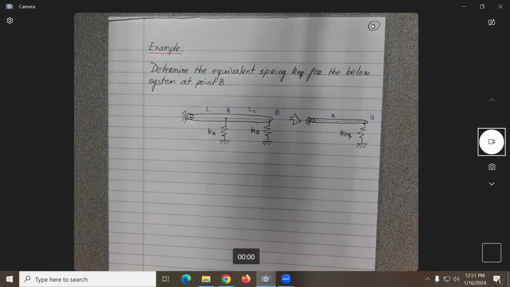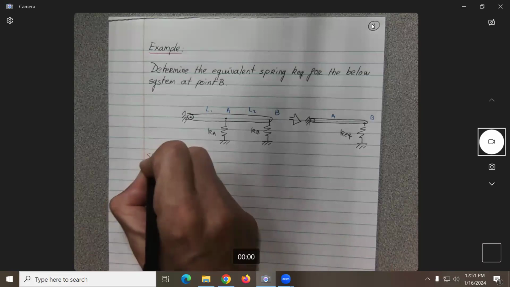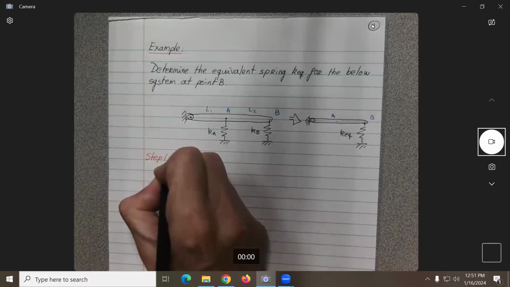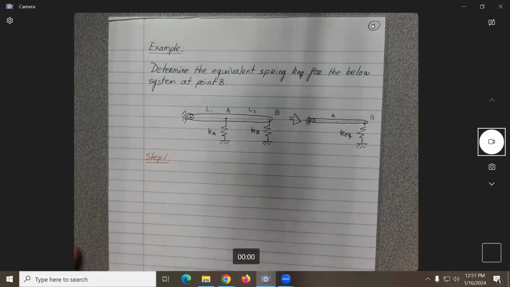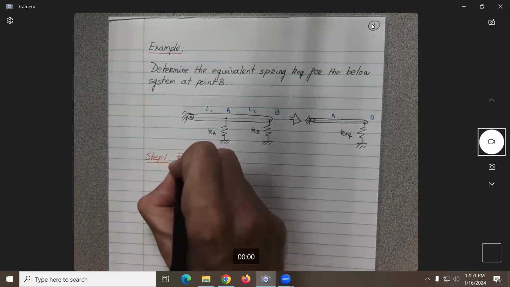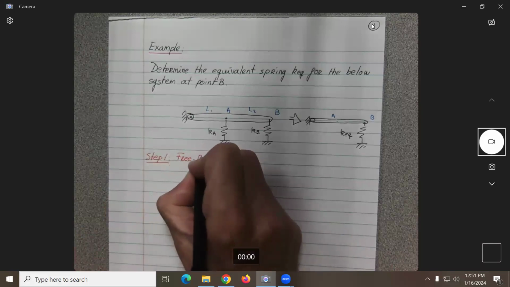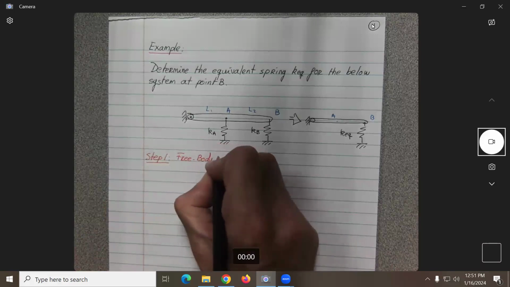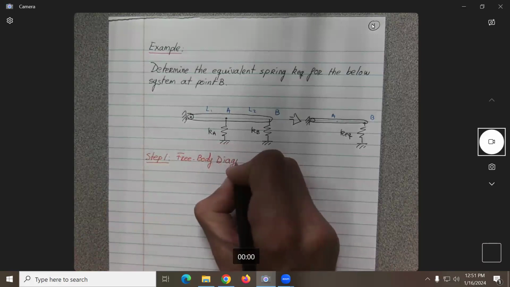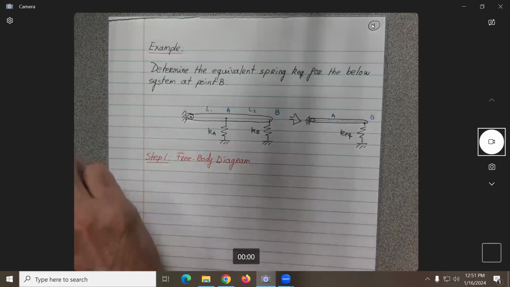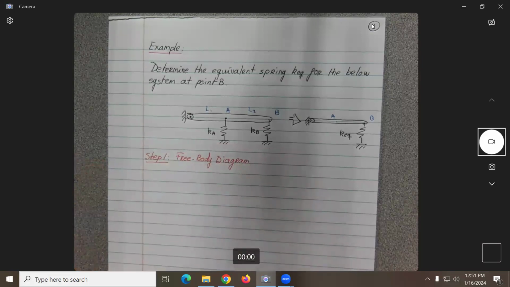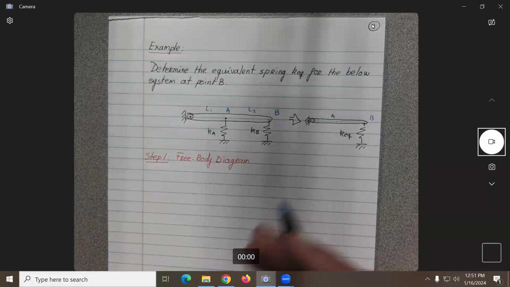Okay. So over here, step 1. Step 1 is going to be to do a free body diagram. Okay, so I'm going to put here a note in blue, because it will depend on which textbook or how the problem is set up.